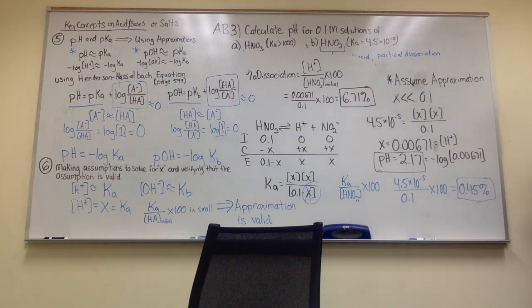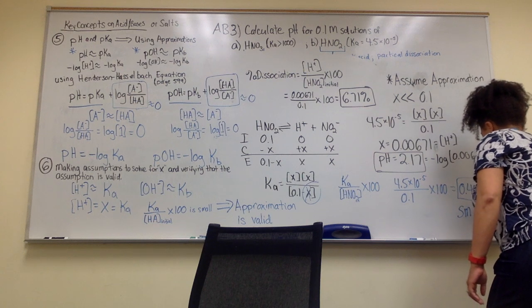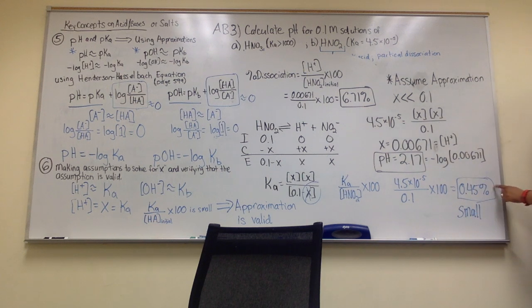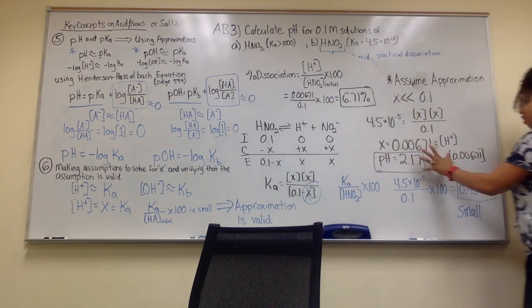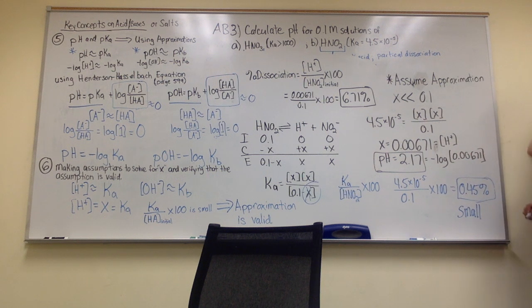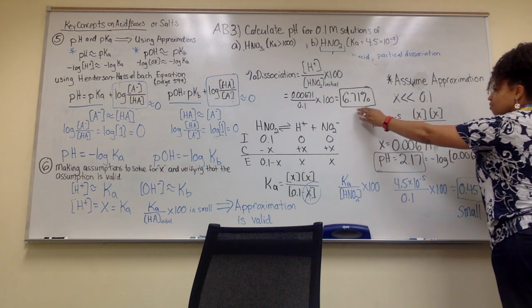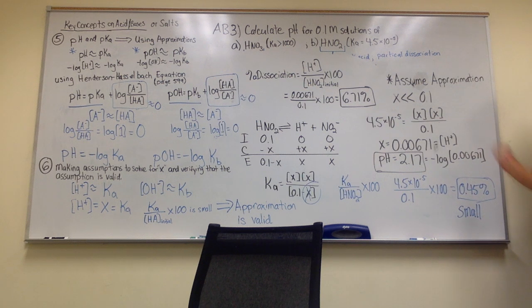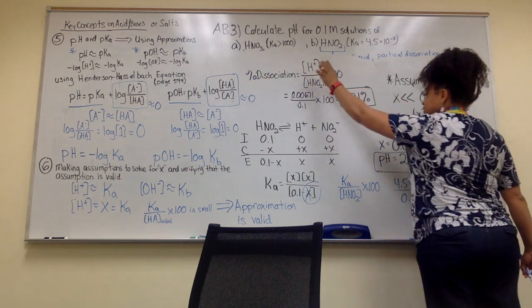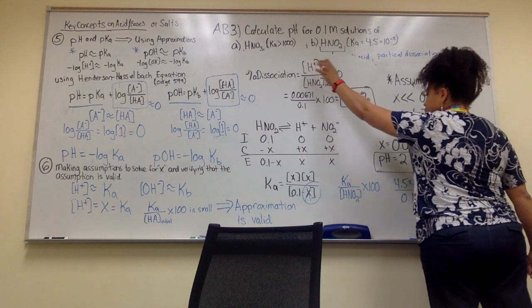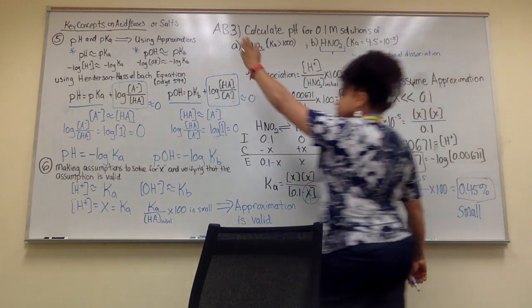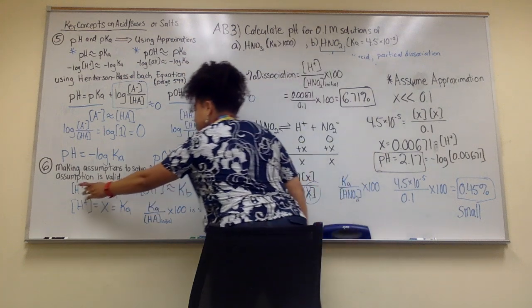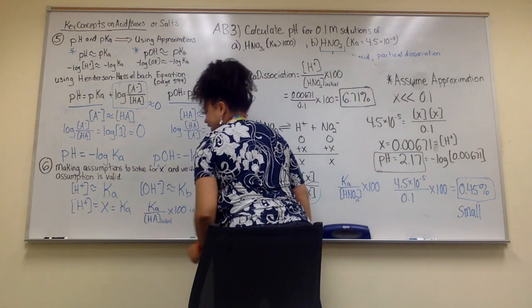And that is super small. And since this is very small, we can then say that our approximation is valid. So we could go through and solve the way that we did. So we are eliminating this thought about the percent dissociation, and we're relating, instead of H plus being equal to the actual x, we're saying that through this relationship here, that H plus is about equal to the Ka.